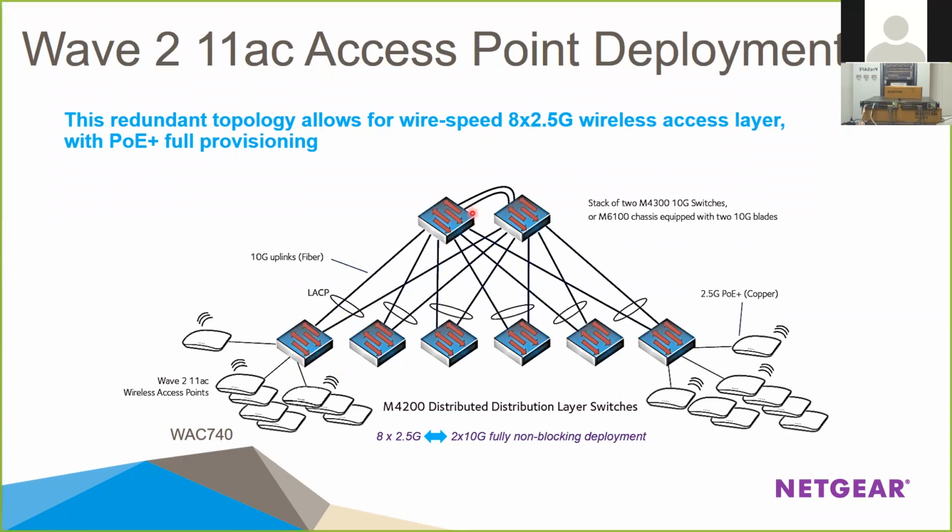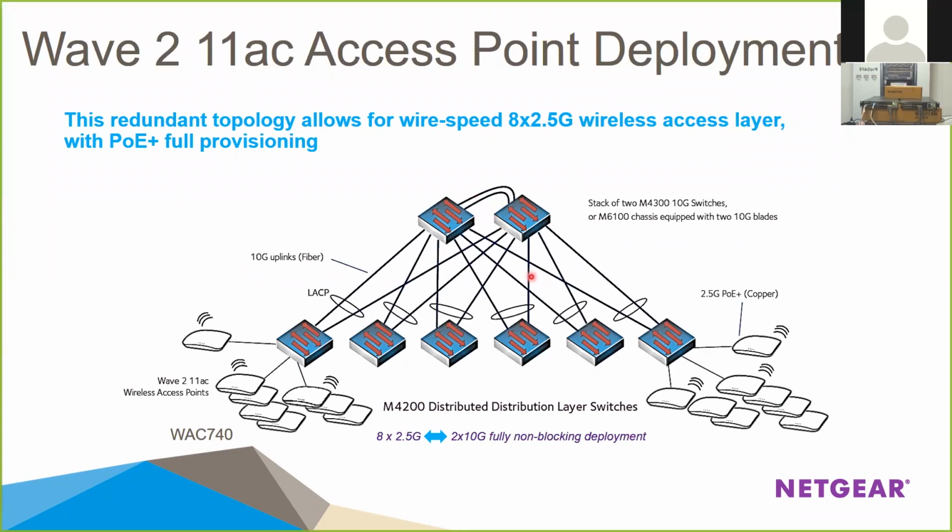We'll get a stack of 2 wire speed 10 gig switches, for instance like the M4300s. Another possibility is a pair of M6100 chassis going virtual channeling, or MLAG or VSS, you can call it the way you want, so that we can group them in the same fashion.